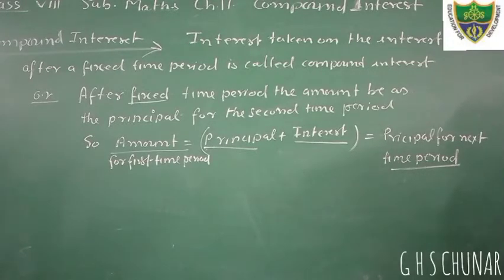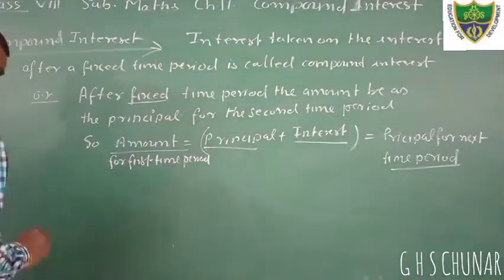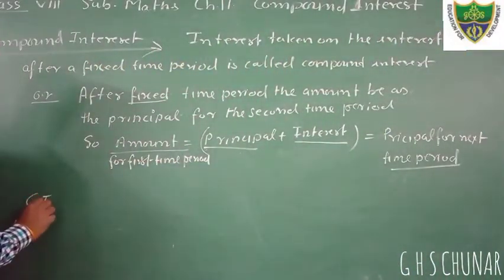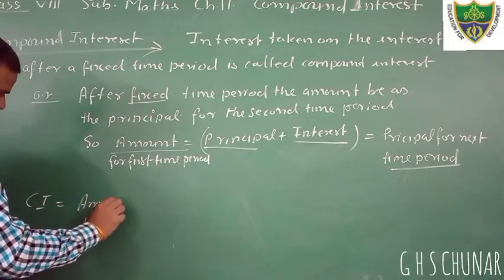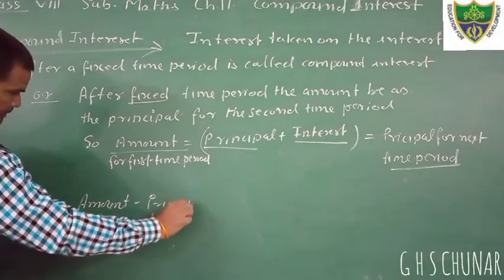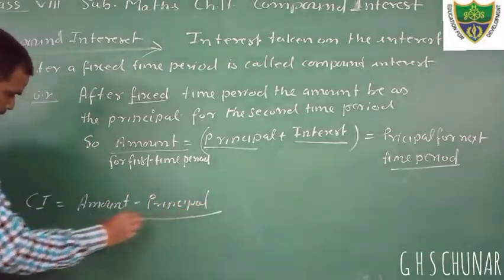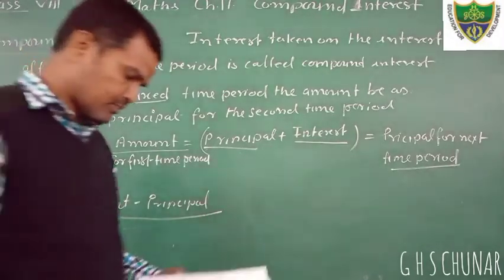After a certain specific period, the difference between the amount and the money borrowed is called the compound interest. Compound interest is amount minus principal.